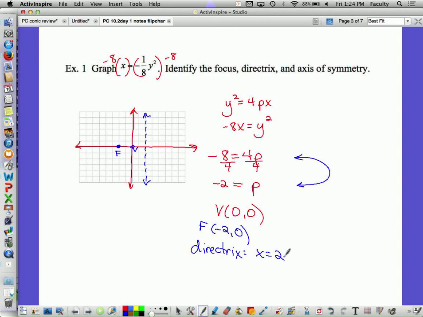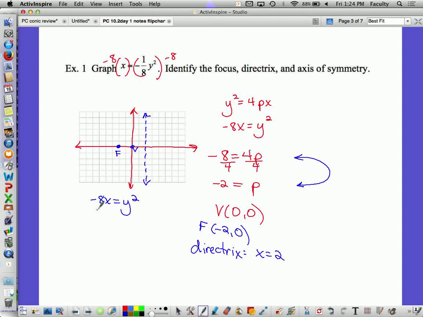Now, we need to do one more thing. We need to get a pair of points so that we know how wide or narrow the parabola opens. I'm at negative x equals y squared.